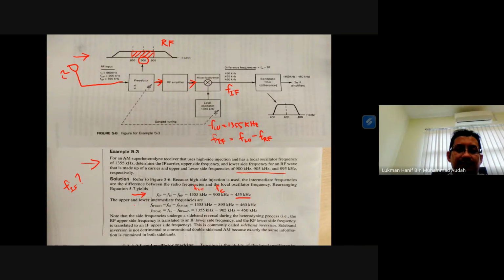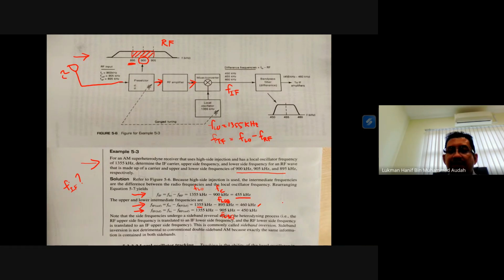And then if I want to find the upper side frequency of the intermediate frequency, that means FLO minus FLSB, which is 895 kilohertz. So I get 460 kilohertz. If I want to find the IF lower side frequency, that means FLO minus FUSB.